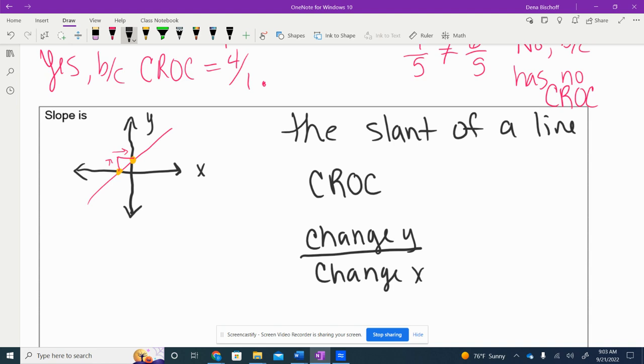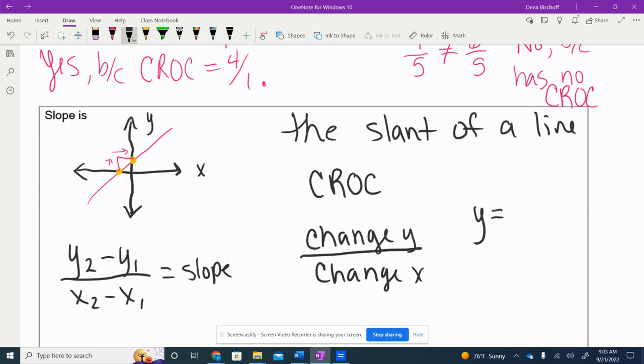We have some formulas that let us calculate slope. y2 minus y1 over x2 minus x1 tells us what our slope is. And we have an equation that we learned in pre-algebra, y equals mx plus b. This is called slope intercept. And we know that m represents our slope. So all of these are things that identify our slope.